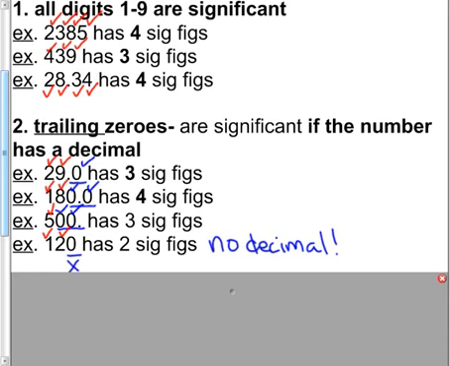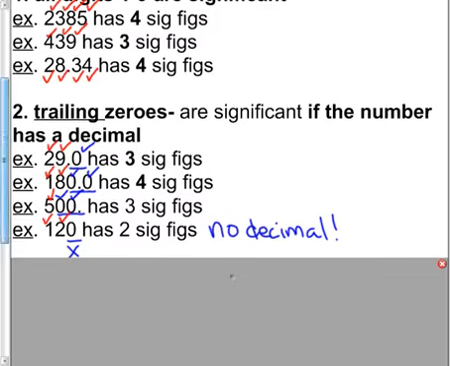It's not exactly 120. Maybe I say something like somebody weighs 120 pounds. Well, if that person weighs 120 pounds, one day it might be 121, one day it might be 119. That's what that 0 not being significant means. It's an estimate. We've rounded it. It's approximately 120. It's definitely not, though, 12.